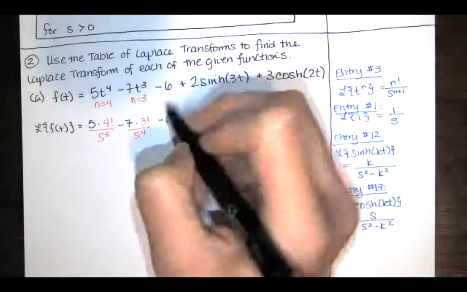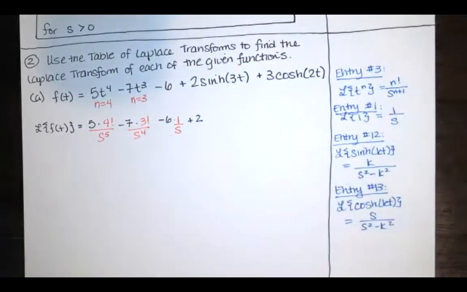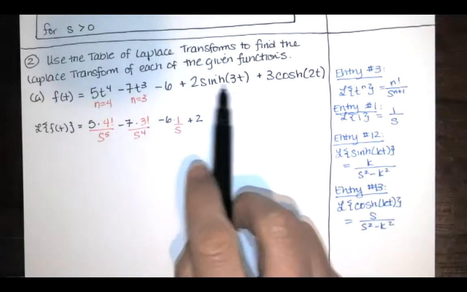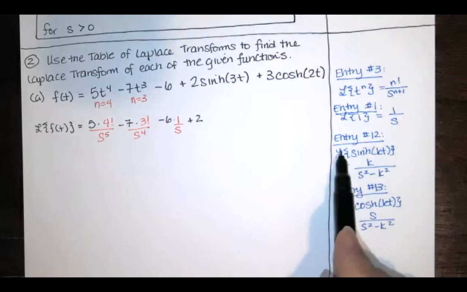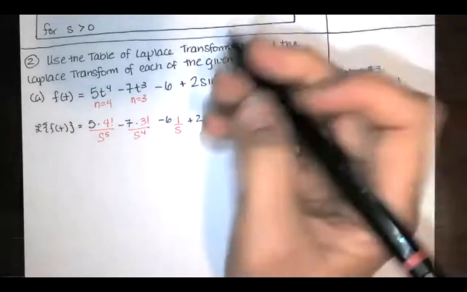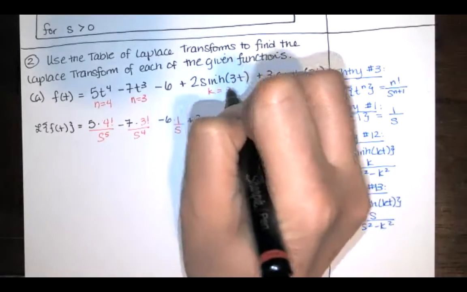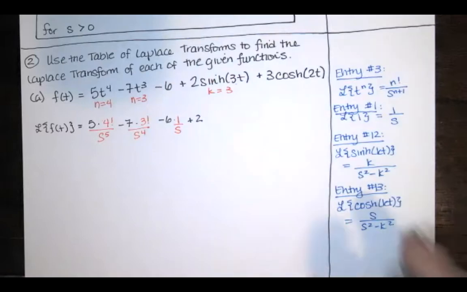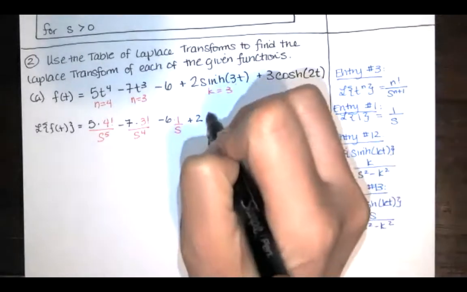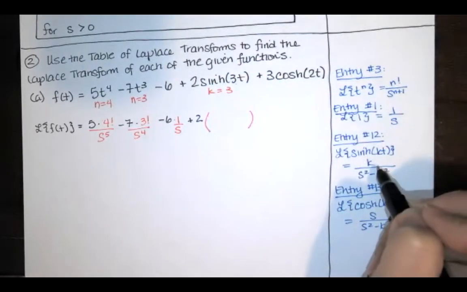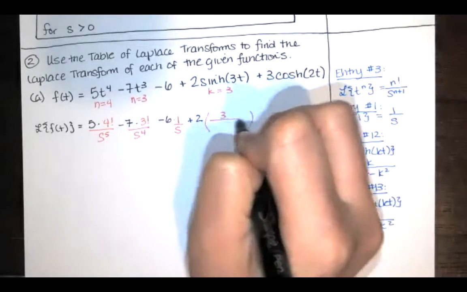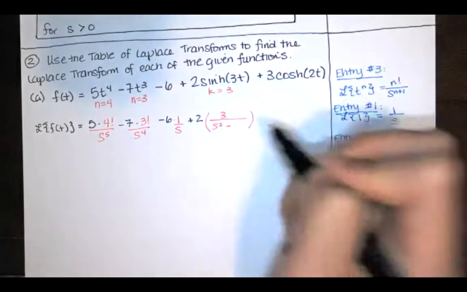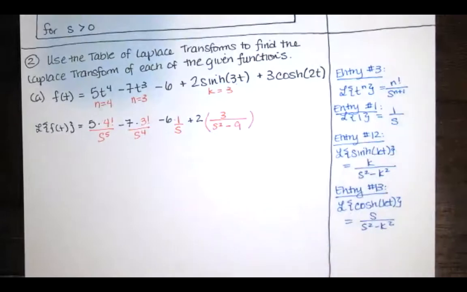On this one, we bring the 2 down, and pattern matching again, this is hyperbolic sine of 3t, and we have a rule for hyperbolic sine of kt. So k for this one is 3. According to our rule, the Laplace transform of that is k, which is 3, over s squared minus 3 squared, or s squared minus 9.